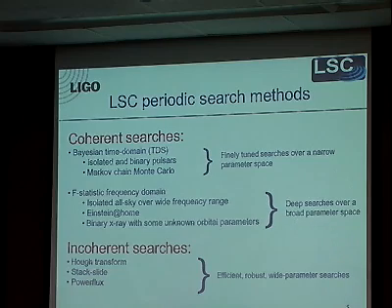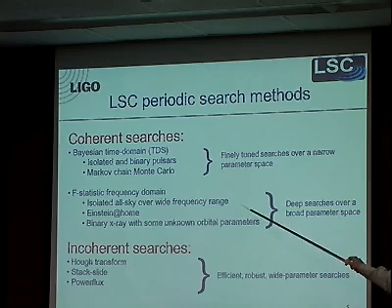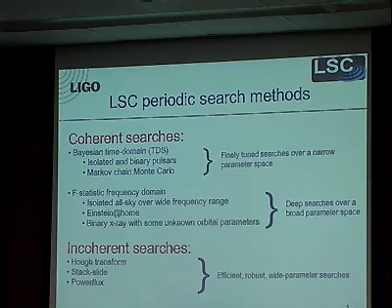Then we also have an F-statistic frequency domain method. The F-statistic is an optimal filter used to look for signals from pulsars. With this method, we've conducted an isolated all-sky search over a wide frequency range on the S2 data.